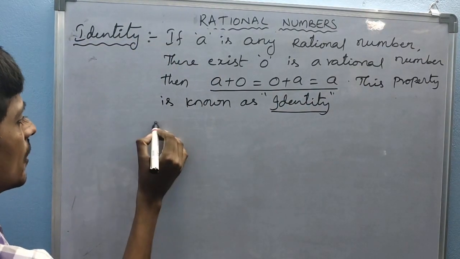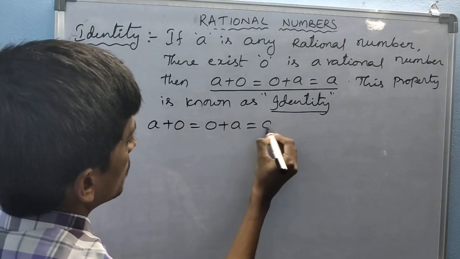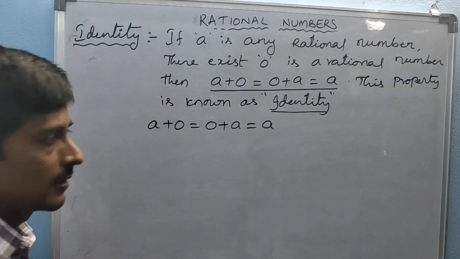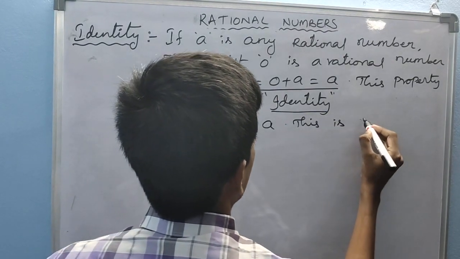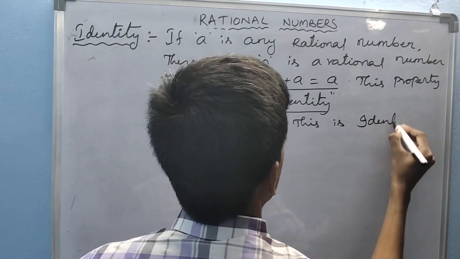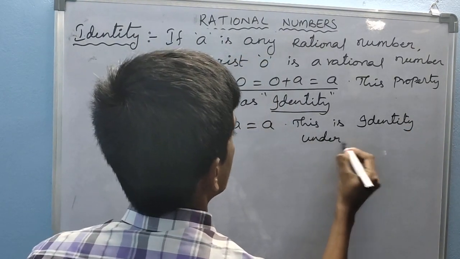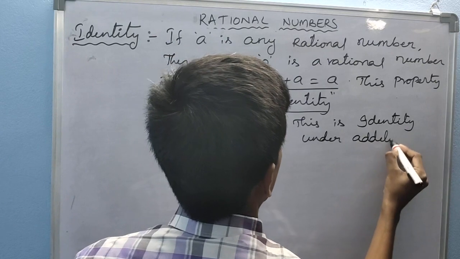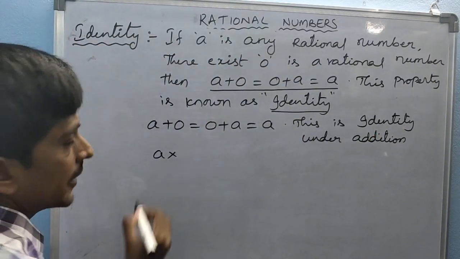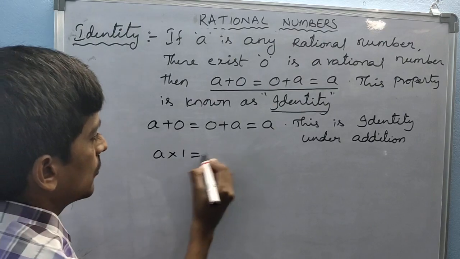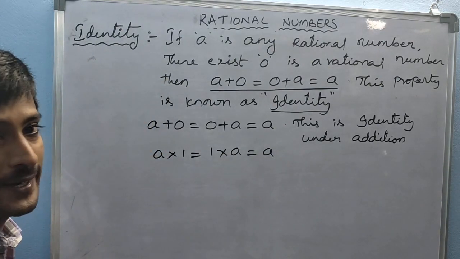So, A plus 0 equals 0 plus A equals A. This is identity under addition. A into 1 equals 1 into A equals A. Here it is multiplication.